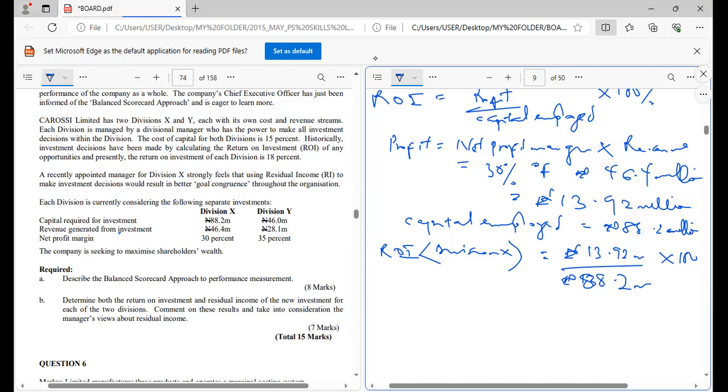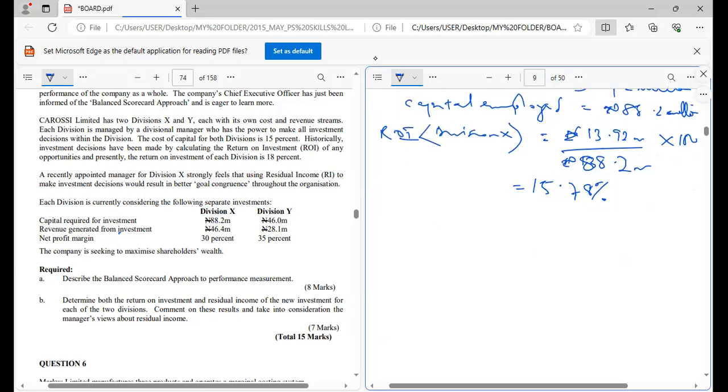That's 15.7823, so 15.78%. So that's that for X.